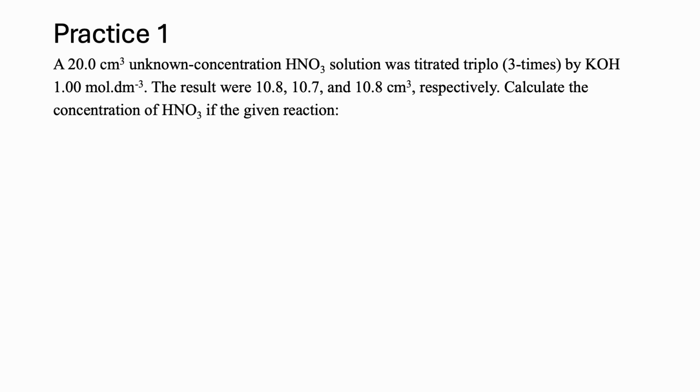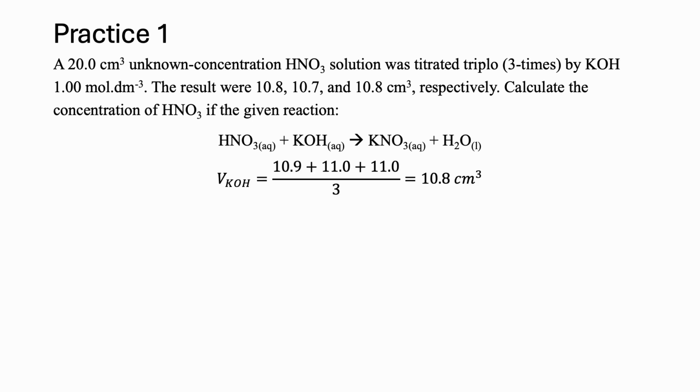The question is: 20 cm³ unknown concentration of HNO3 solution was titrated triplo, or 3 times, by KOH 1 mol/dm³. The results were 10.8, 10.7, and 10.8 cm³ respectively. Calculate the concentration of HNO3 for the given reaction as displayed. We can find the volume of KOH by averaging these three data, to get 10.8 cm³.